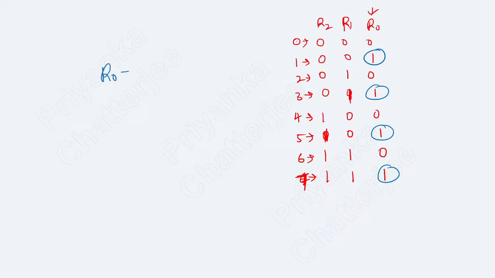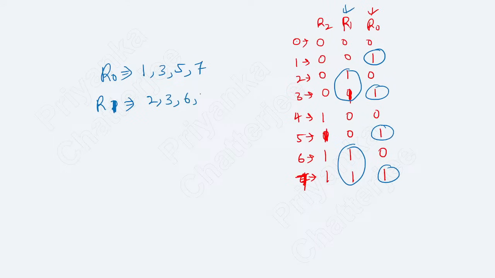That's why R0 checks the bits 1, 3, 5, 7. For R1, the 1s are at 2, 3 and 6, 7, so R1 takes 2, 3, 6, 7. For R2, the 1s are at 4, 5, 6, 7, so for R2 it is 4, 5, 6, 7.